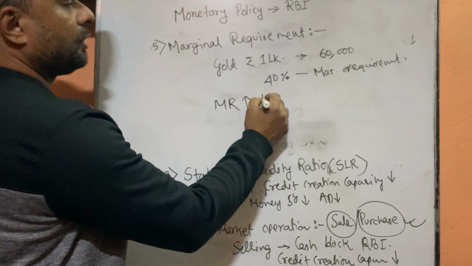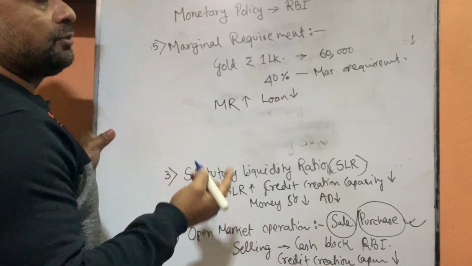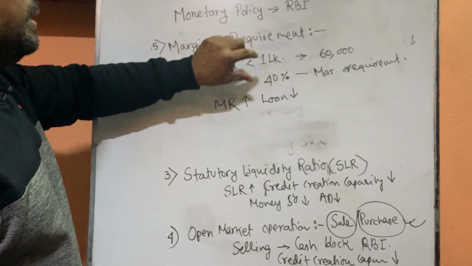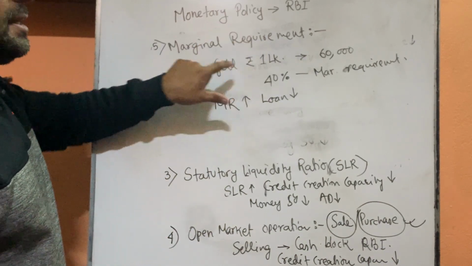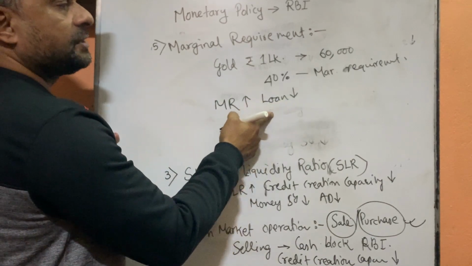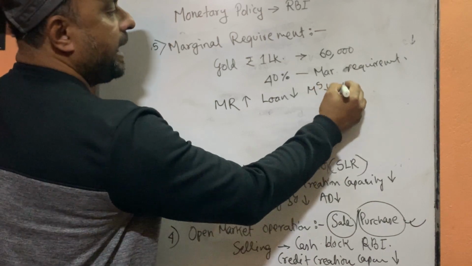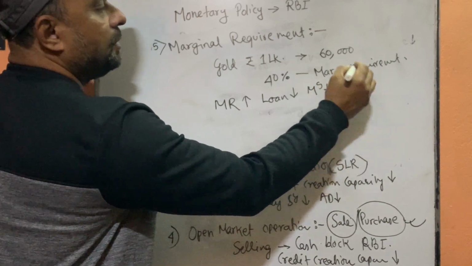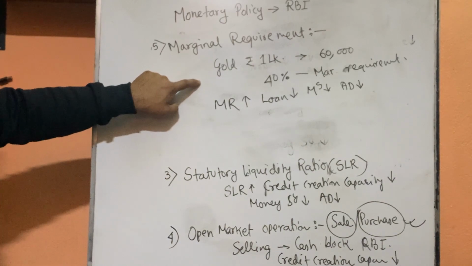People will not take more loans from the bank, because they have to pay more interest and are getting a smaller loan against their securities. So loan taking will fall in the market, money supply will fall and aggregate demand level will also fall.